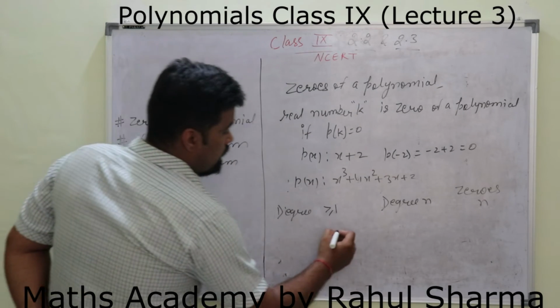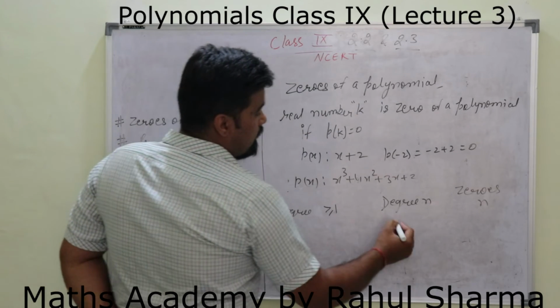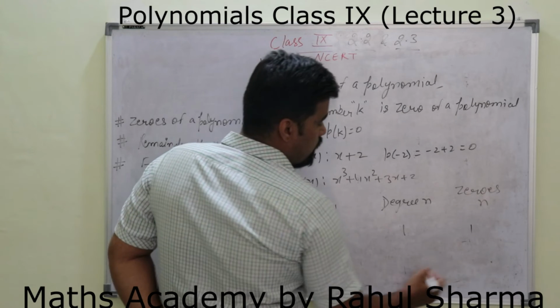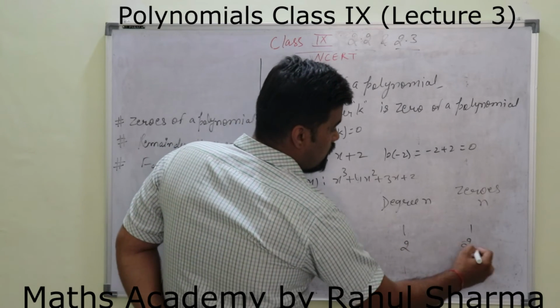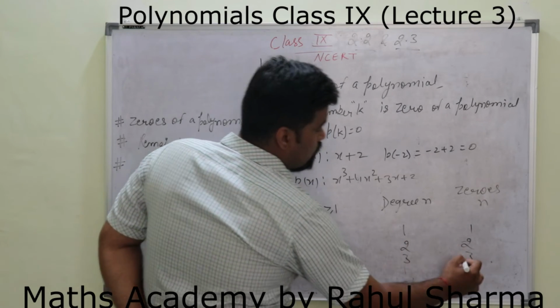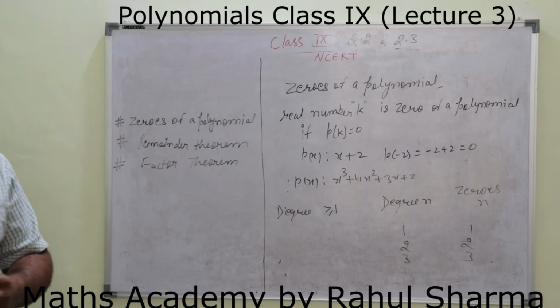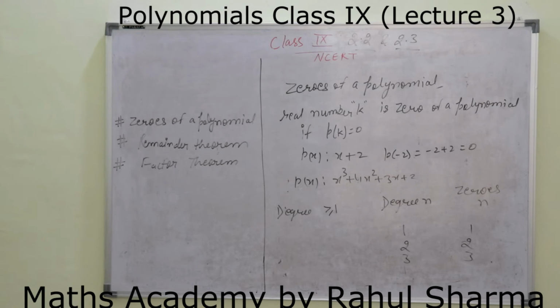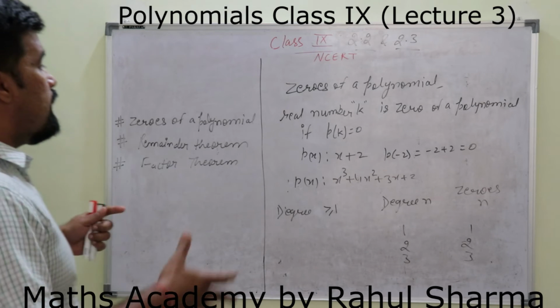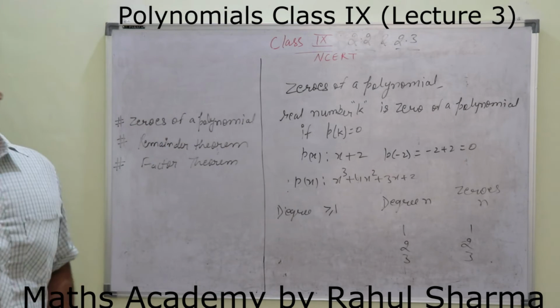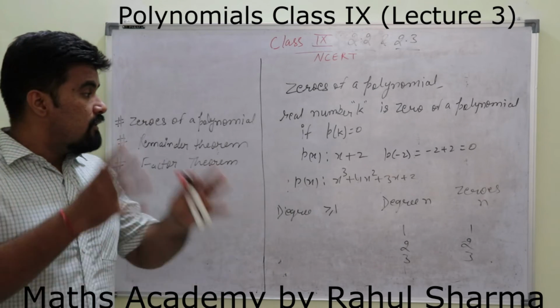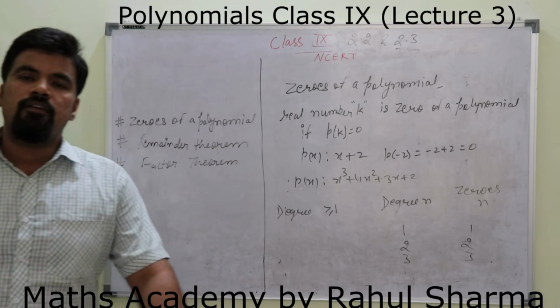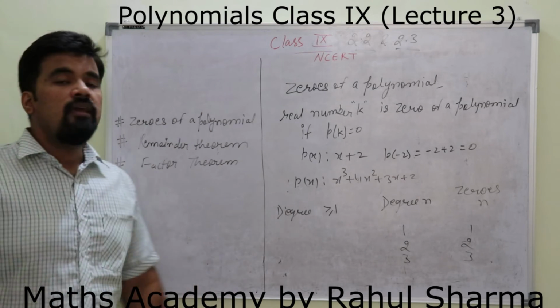So if a linear polynomial is there, the degree is 1, so the number of zeros is 1. If degree is 2, number of zeros is 2. If degree is 3, number of zeros is 3, right? So if a polynomial has degree 10, it will have 10 zeros. Means there are 10 real numbers at which that polynomial will be 0.